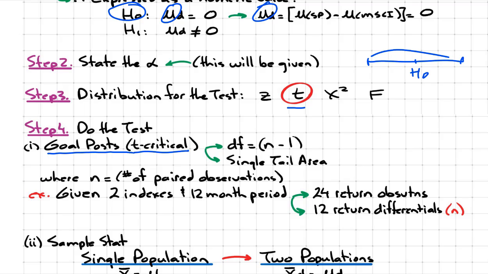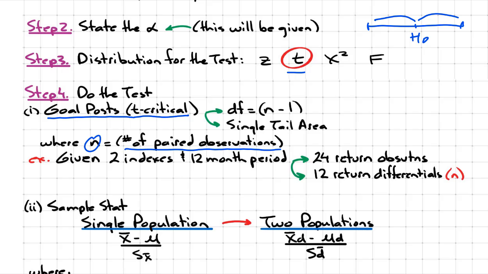What T-critical says is how far you need to deviate from the null in order to have that confidence band you're looking for. So to find that T value, we need to specify the degree of freedom, which is just n-1, and the single tail area. And n in this case represents the number of paired observations.